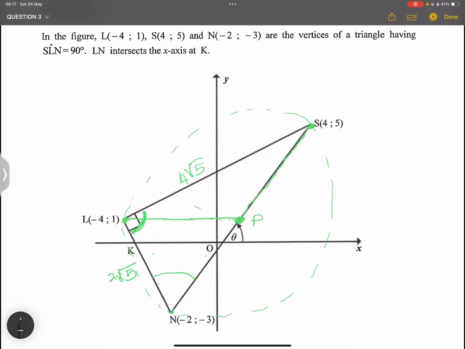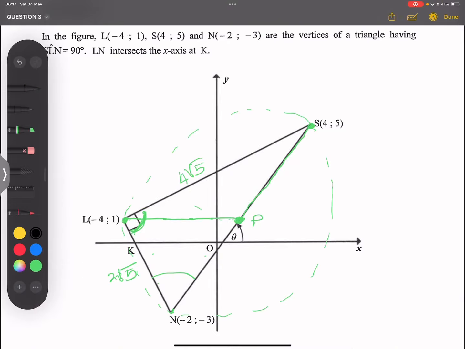Now, if you think about it, if we looked at it as a circle, quite interesting, ladies and gents, I'm sure you can see what happens. So we can apply angle at center because both of them are subtended by the chord LS.